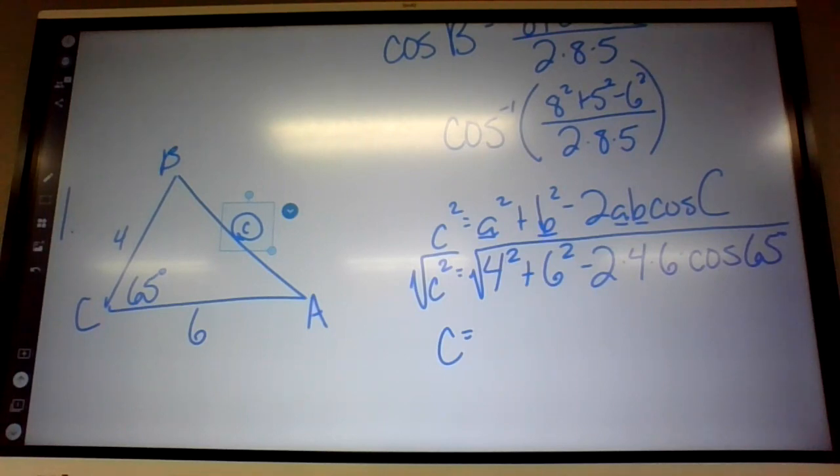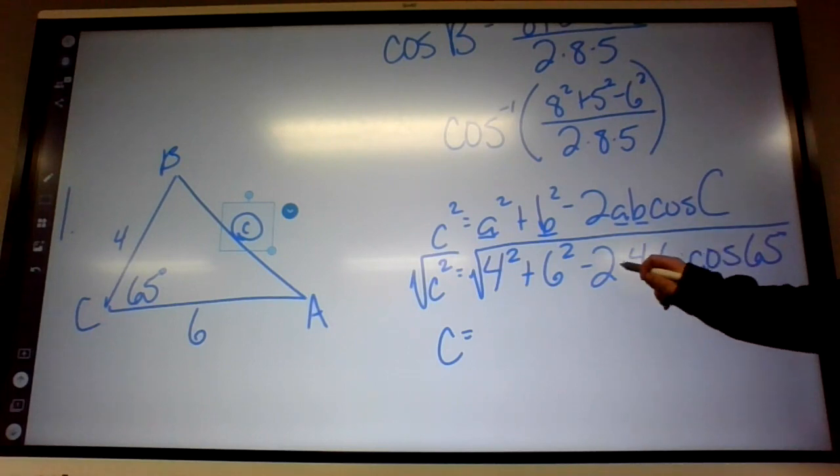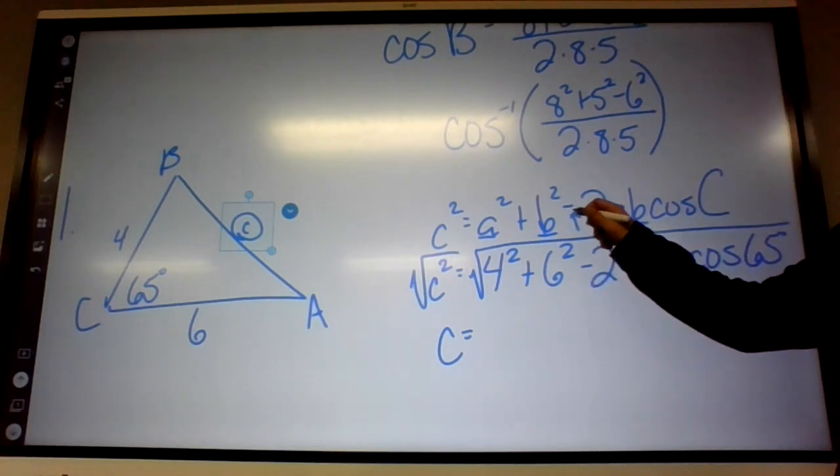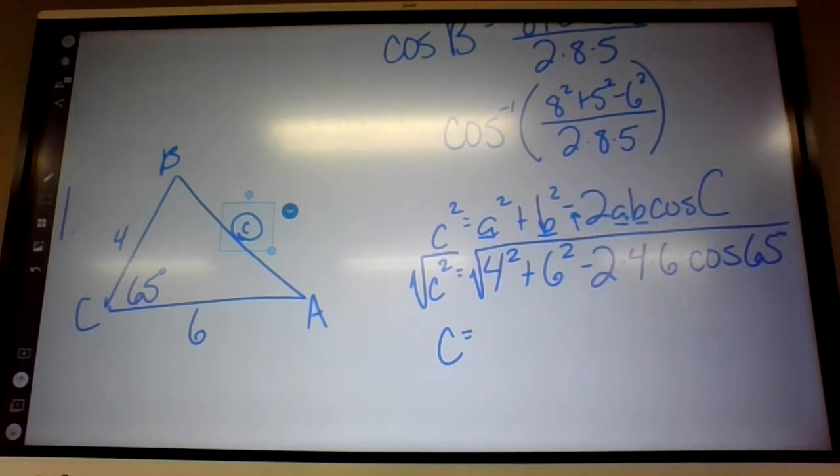My calculator got exploded. I got an error. Square root. Okay, did you make this a minus or did you make it a negative? Make sure it's a minus. 5.63.